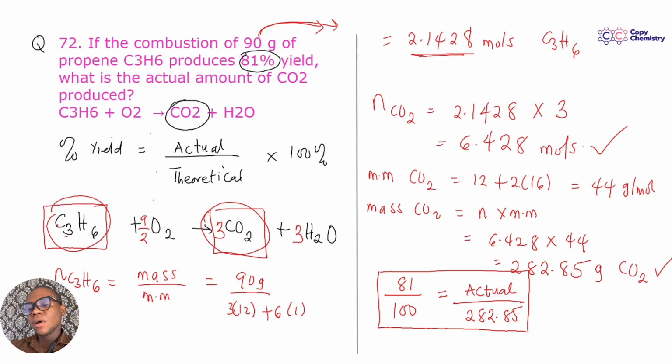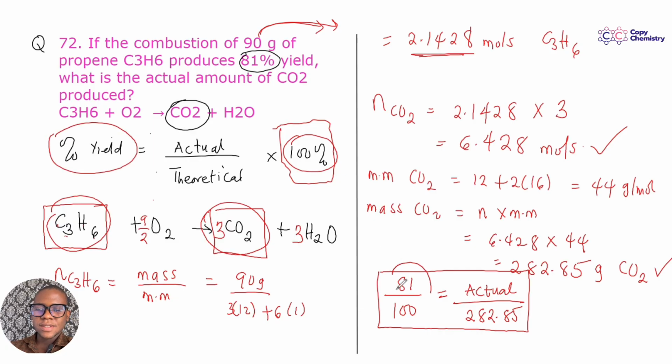All right. So if you're asking what happened to this 100 here? Well, if you look at it, 100% is 100 divided by 100, which is 1. So I didn't need to write it. Besides, I have already accounted for the 100 by writing my percent as 81 divided by 100.